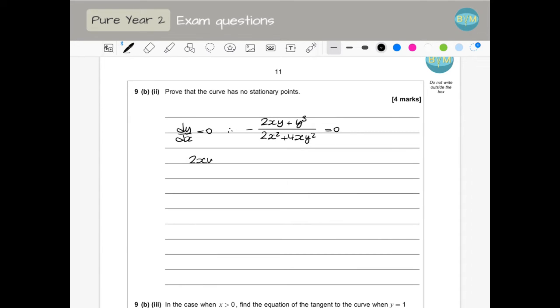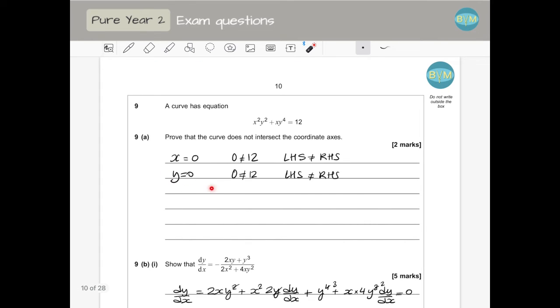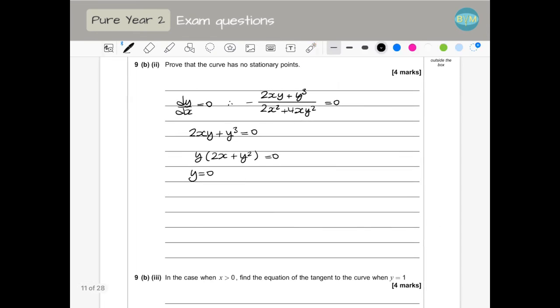So that means that 2xy plus y cubed must be 0, which means y times 2x plus y squared must be 0. So y must be 0, which is not possible because in the first part of the question they ask us the intersection with the x-axis.